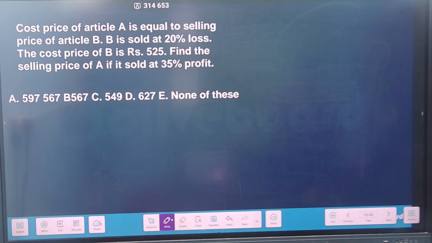Try reading the question first. I'm giving you the proper time that you should at least read the question, and then you should try.